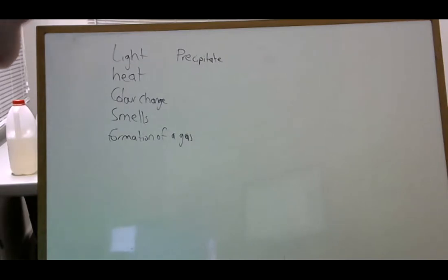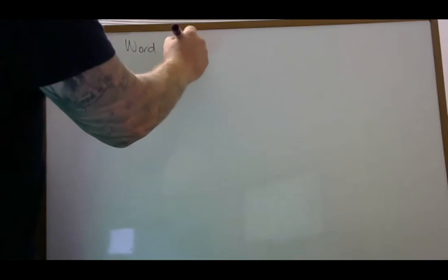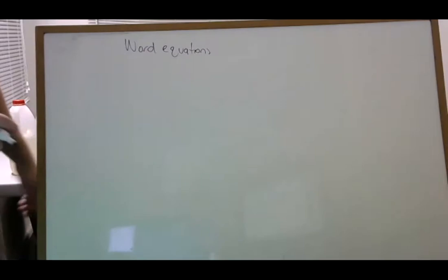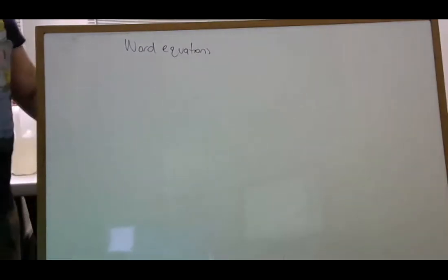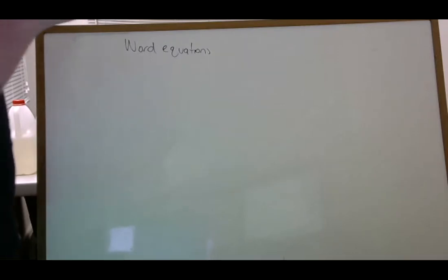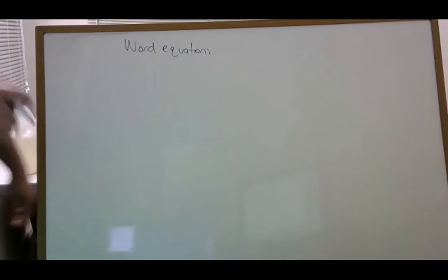Okay. When we're looking at chemical equations, we're given them in a number of forms. So we have word equations. So that would be solid sodium is mixed with solid chlorine to make 1 mole of solid sodium chloride.